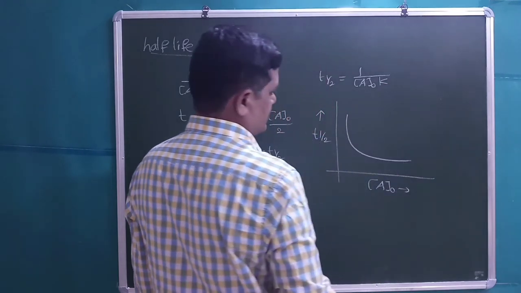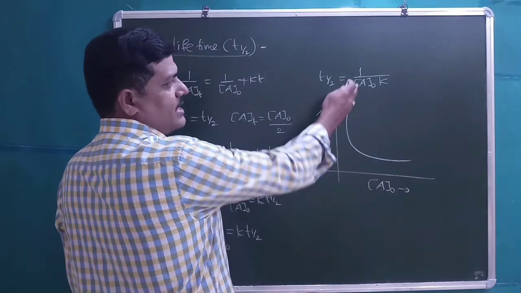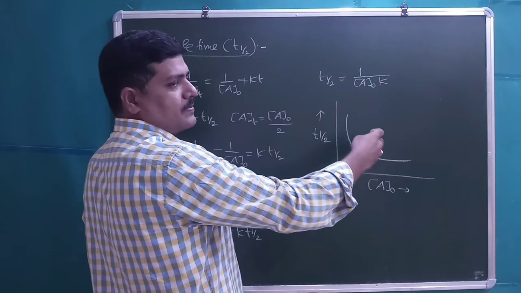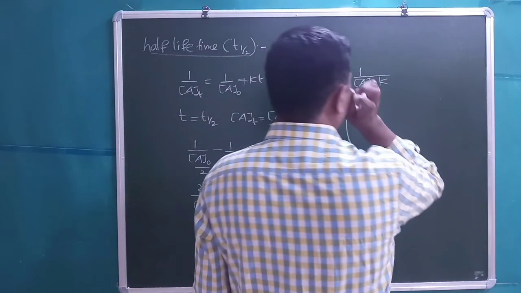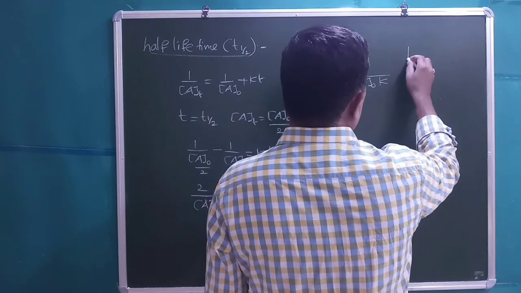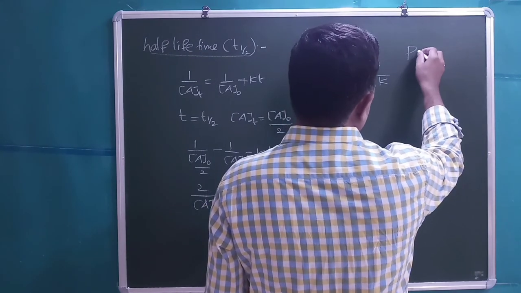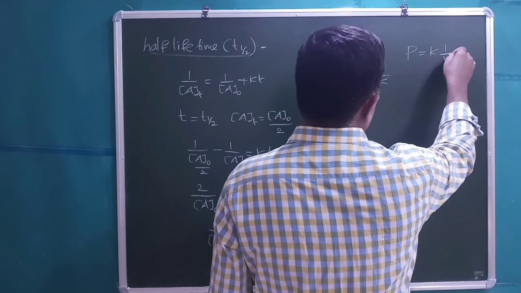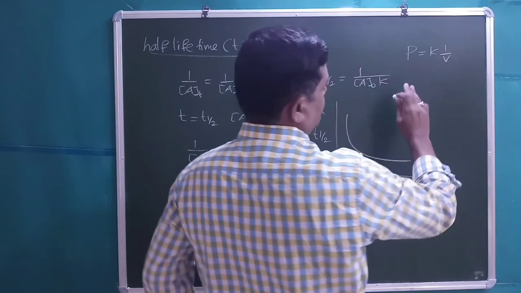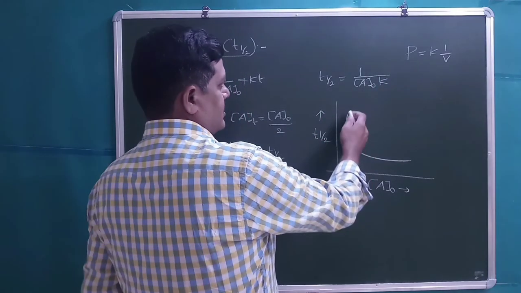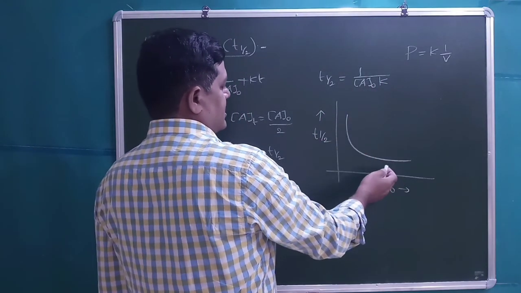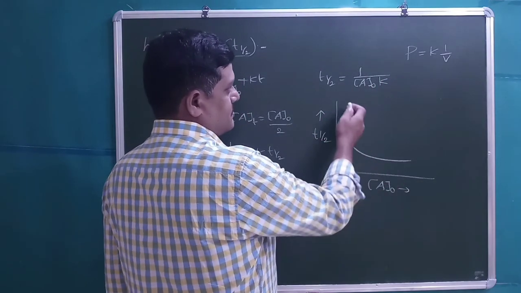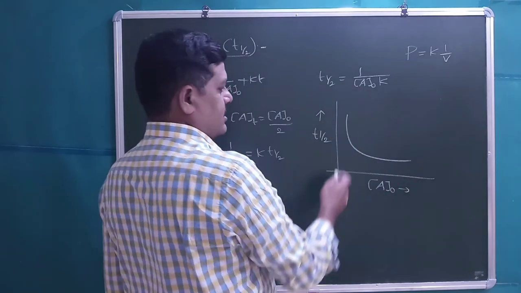So that means as A naught increases, t half is decreasing. Students, this is like a Boyle's law equation, P is equal to some k multiplied by 1 by V. A similar type of graph we are getting. As volume increases, pressure decreases, like that we get the graph, right?